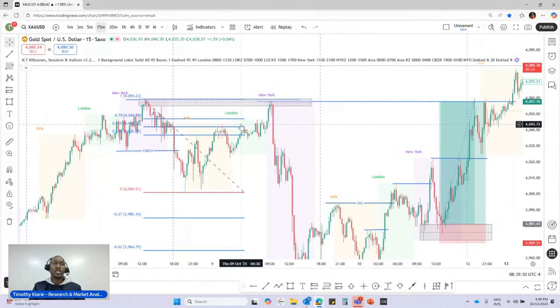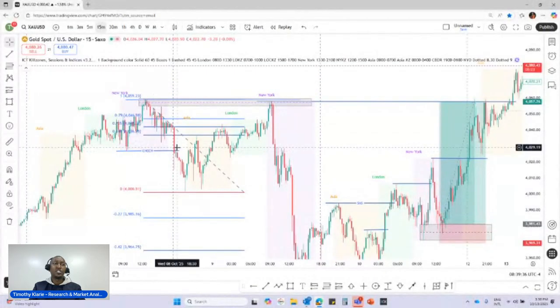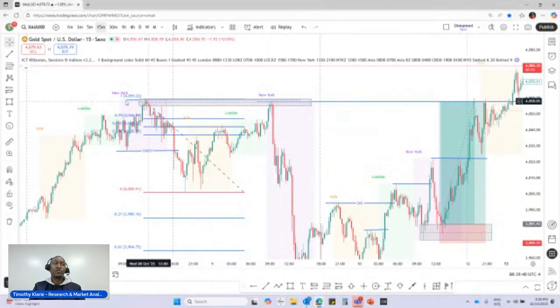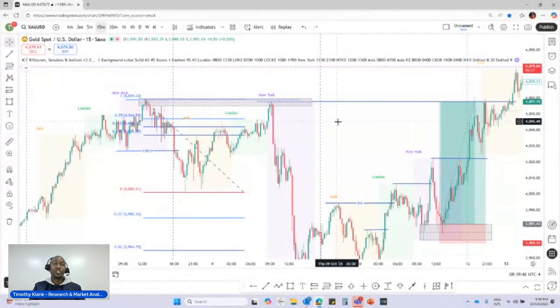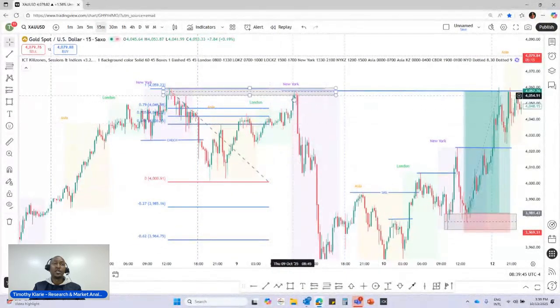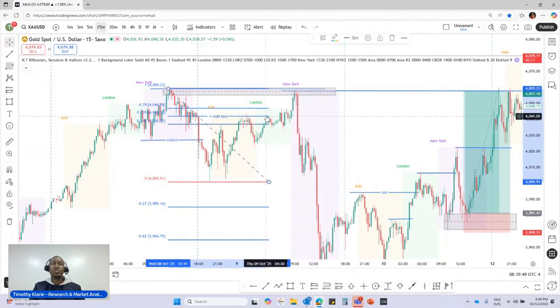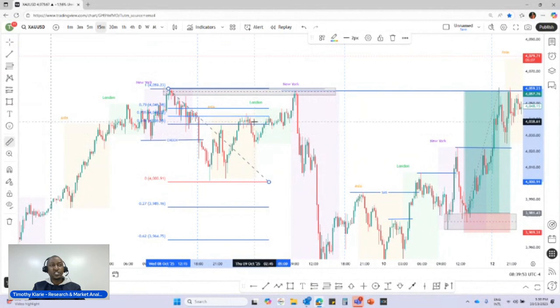So if you look at it, it did not violate this high. This being the major high, this the major low that was taken out. The price pulling back again to this level. These are deep retracements because they happen in the markets, and therefore you can use these as your entry, right? So at this particular point, if you take your trade here, you can see the price pushed about 145 pips.